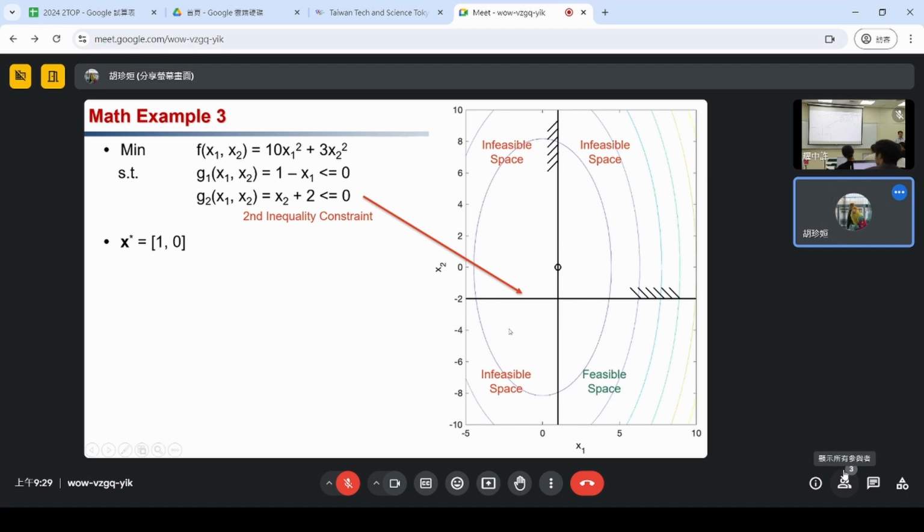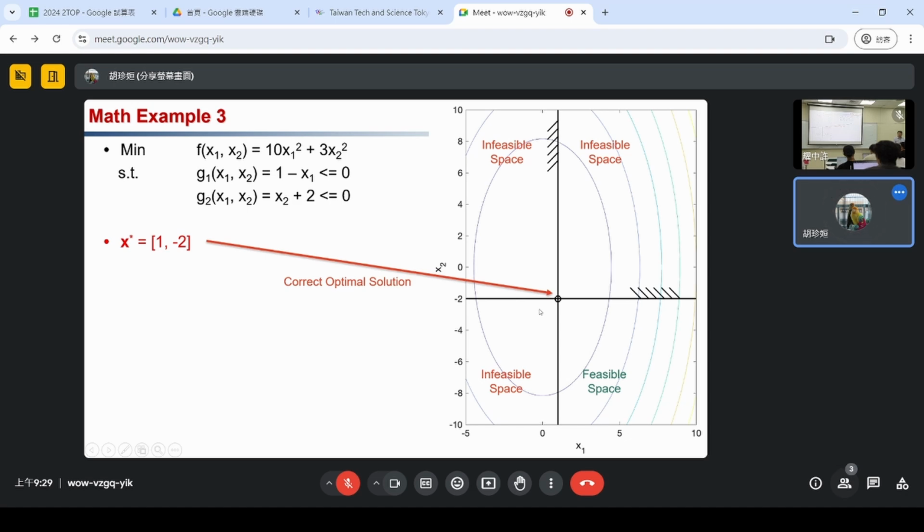Yes, you're right. So sometimes if you know the function, you can make drawings. You don't even need to know any algorithm or methodology. By observation, you can probably see the possible solution. Okay? So very good. Thank you.